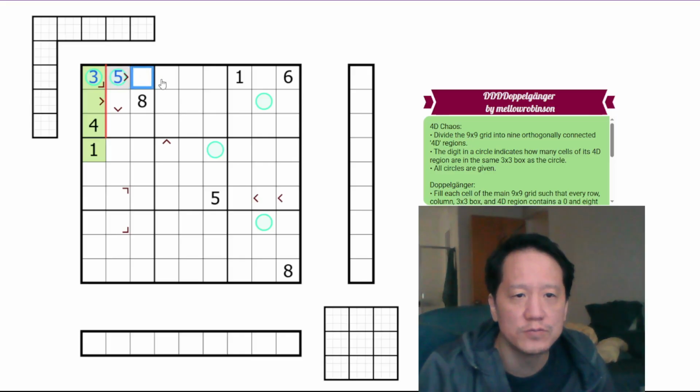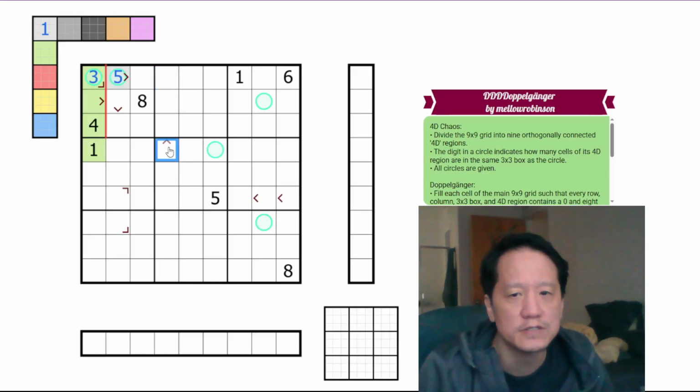5 away here is 1, 2, 3, 4, 5. So again, we had colors of blue, yellow, red, green, light, medium, dark, orange, and pink. So 5 away is missing 1, 2, 3, 4, 5, which is 1. This could only be 1, 2, or 3 here, because 1, 2, or 3 away is the digit.